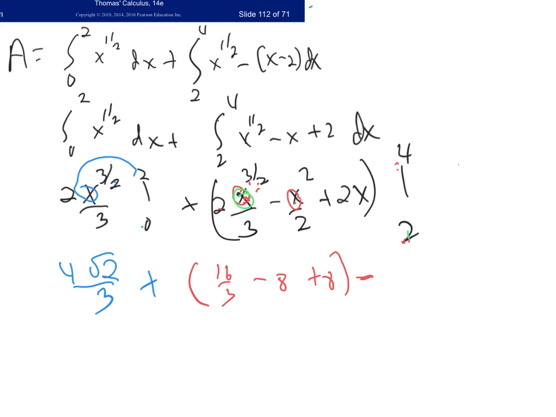Again, that's a square root of 8, which is 2 square roots of 2, it's 4 square roots of 2 over 3. Plug in the 2, that's 4 over 2 minus 2. Plug in the 2, that gives me a plus 4.